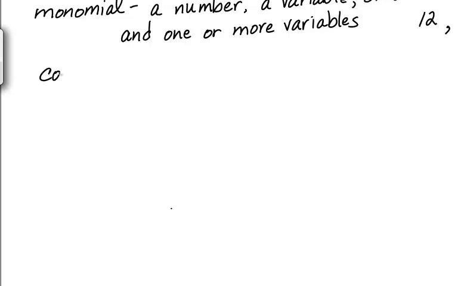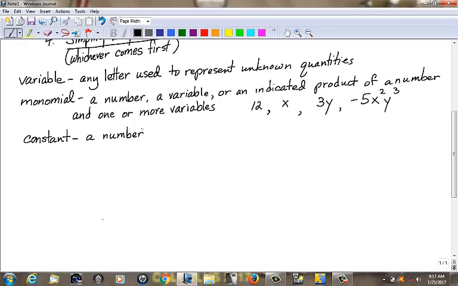Then another term that you need to know is when I talk about a constant. A constant is just a number. We usually refer to constants when we're talking in, for example, the quadratic expression. A number is just a constant. Another term is a coefficient. A coefficient is the number in front of a variable.